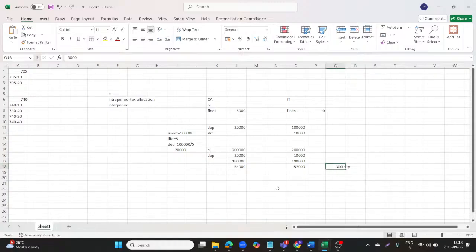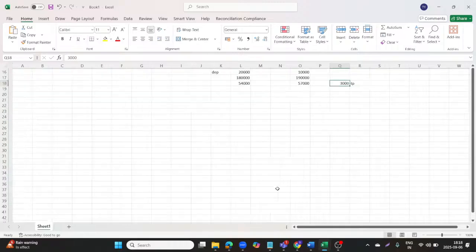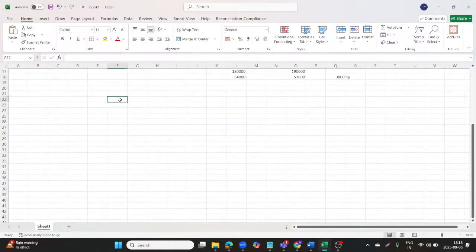So in this way, in the later years, you will be able to set off this difference. There are some primary causes of the temporary differences. If you talk about the primary causes, this is your taxable income, then this is your financial income, then we'll see DTA or DTL, that is deferred tax asset or deferred tax liability.